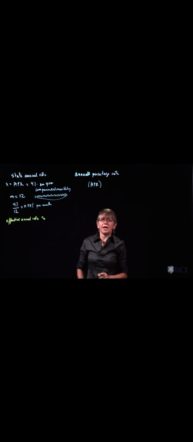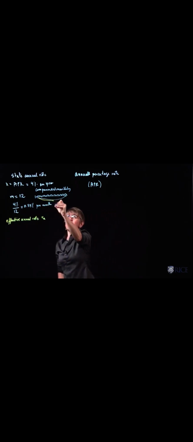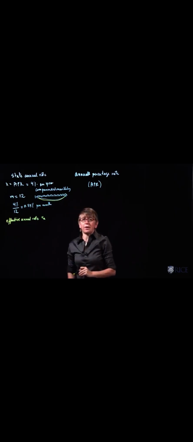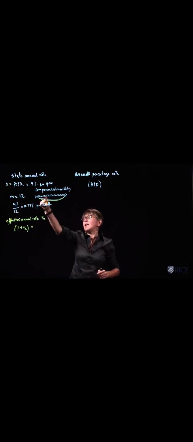Let's call the effective annual rate RA. So what am I looking for? Well, I'm looking for this one interest rate that's going to be compounding once, such that I'm getting the same interest rate over 12 months.